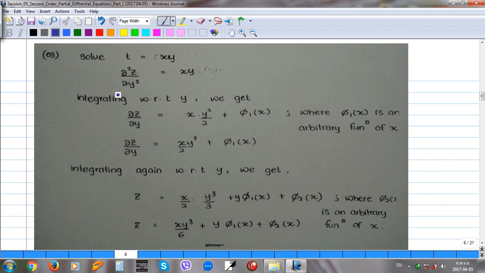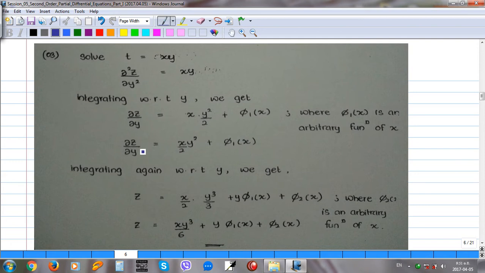If you integrate, that comes here in this part as ∂z over ∂y, and x is a constant. Then if you integrate with respect to y, that gives y squared over 2 plus a constant, and that constant is an arbitrary function of x. Okay, so you can simplify this further. Then ∂z over ∂y equals x y squared over 2 plus phi 1 x.